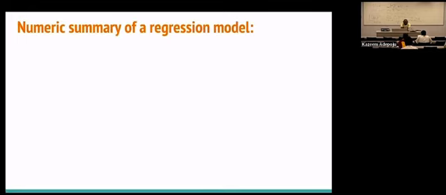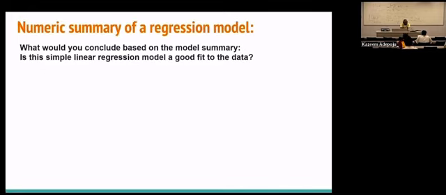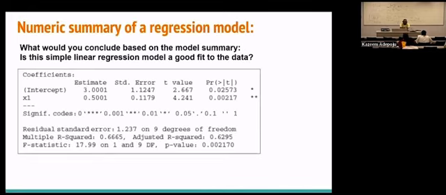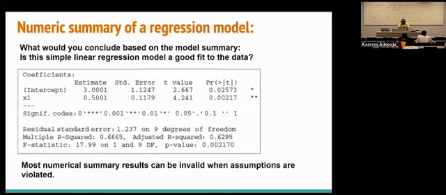Now, maybe you run a regression model and you have these results. Of course, my TA walked you through how to use R software to implement linear regression. If you run a simple linear regression model in R and you get these results, the question is, what will you conclude based on the model summary?